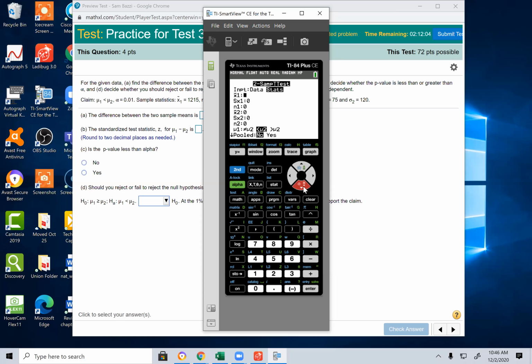Oh, sorry, I put the wrong test there. Here we go. Sigma 1 is 75. Sigma 2 is 120. X1 bar is 1215. N1, guys, is 45.